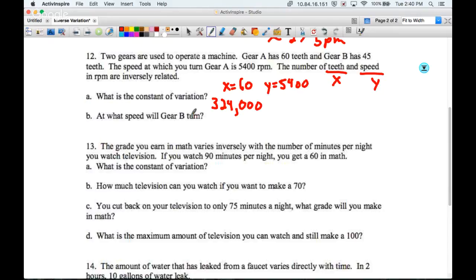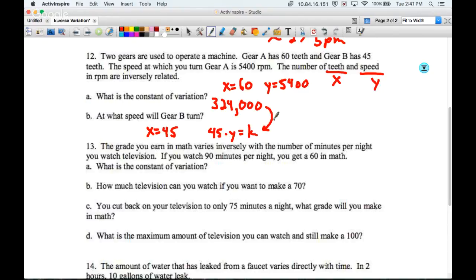And so what speed will gear B turn? Well, gear B has even fewer teeth, so we'll have to turn even faster. So in gear B, x is equal to 45, times some y equals our k value of 324,000.